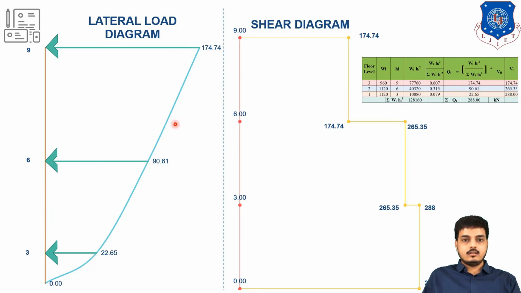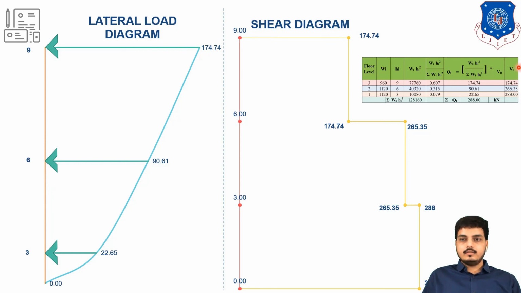So it will be in a parabolic form. So the load is coming here, here and here in this way. Obviously the load will be increasing toward the top, because as you know the sway will be maximum at the top, so that's why the maximum load is acting there.